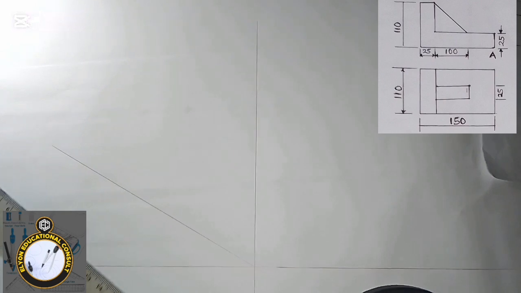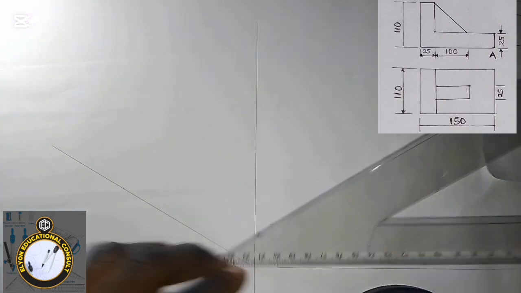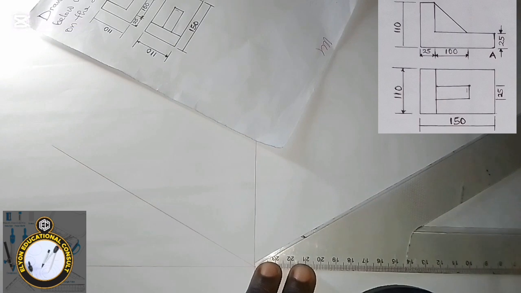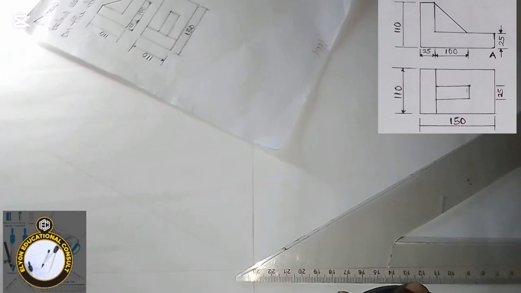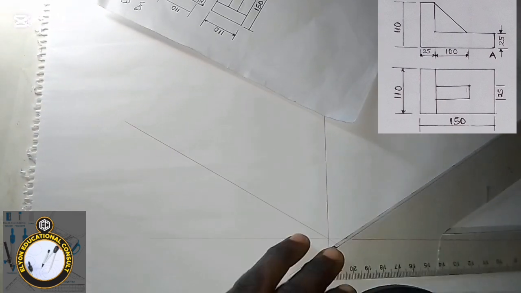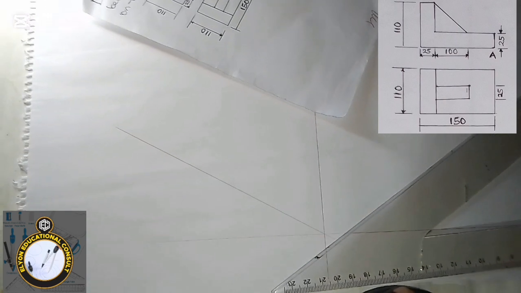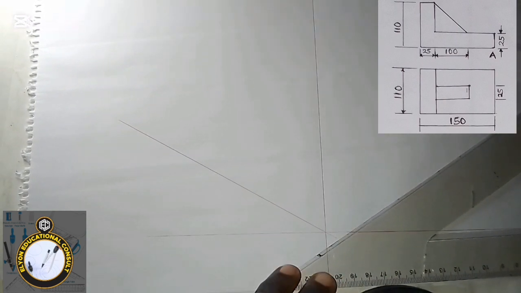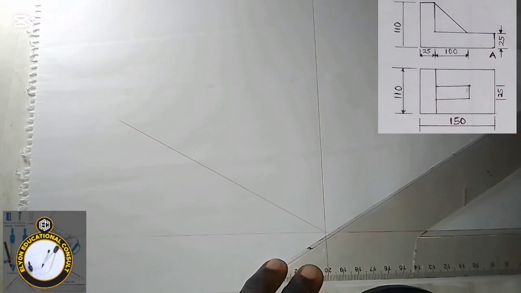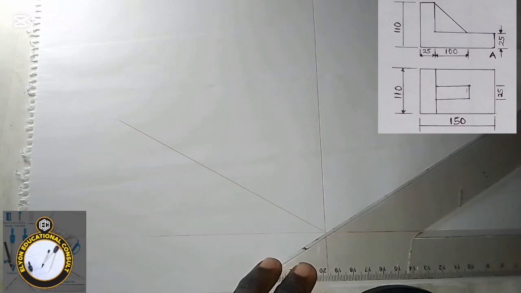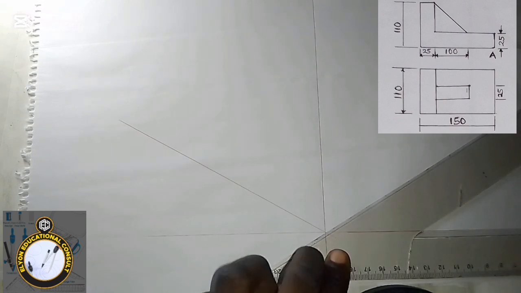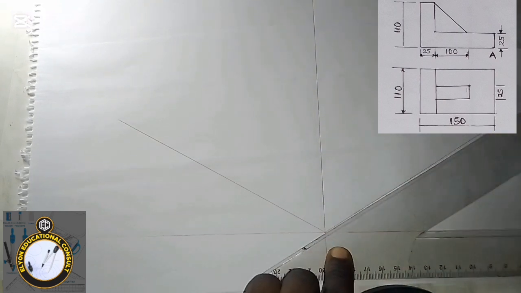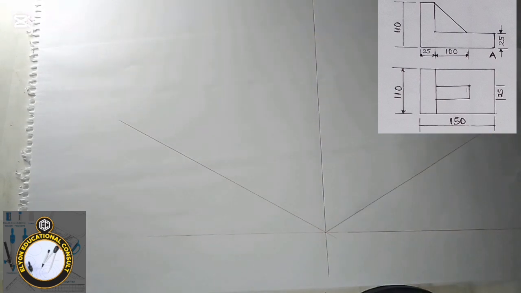You have this, then for the other side, I will draw the other receding line this way.